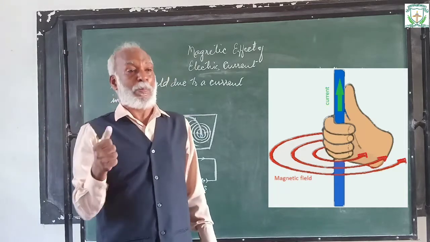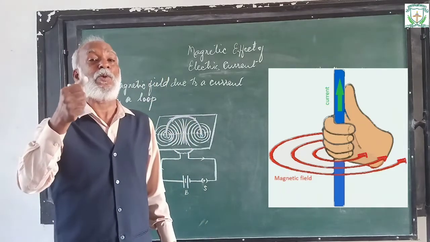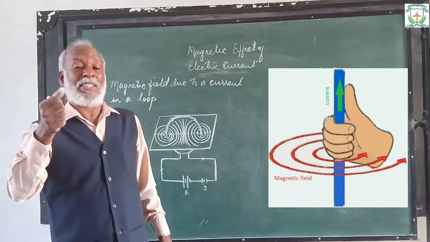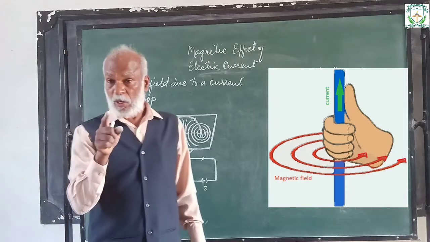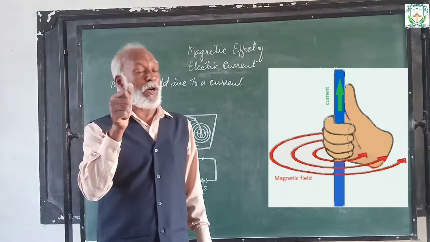The same rule is applied to find the direction of magnetic field produced by a current in a loop. So Fleming's right hand thumb rule is also very important.